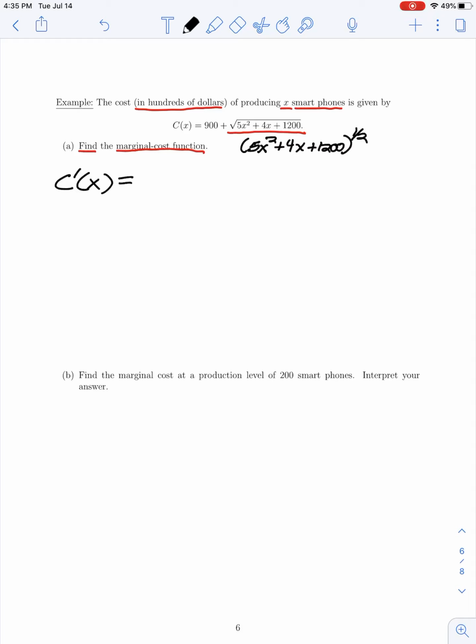Differentiating our outer function, we pull down the power of 1/2 out in front, and we have 5x squared plus 4x plus 1200, all raised to the negative 1/2 power. Then we still have to multiply by the derivative of the inner function, which here is 10x plus 4.